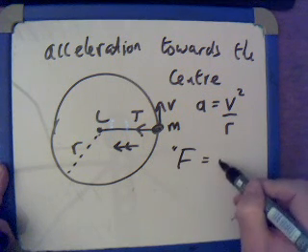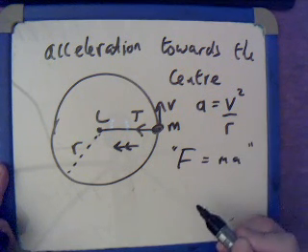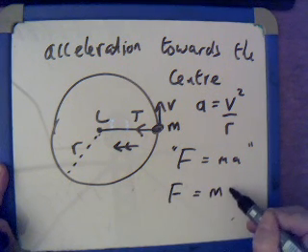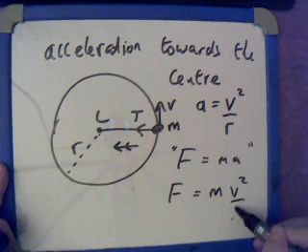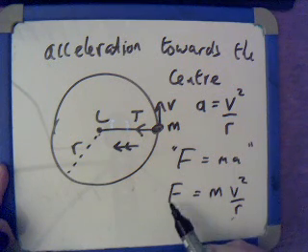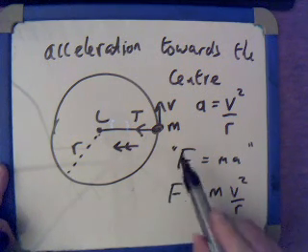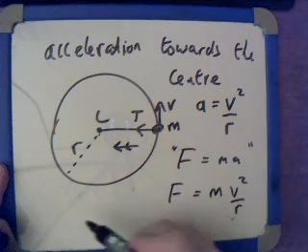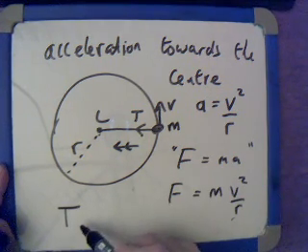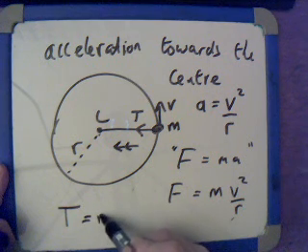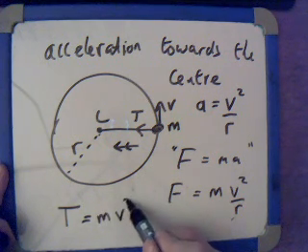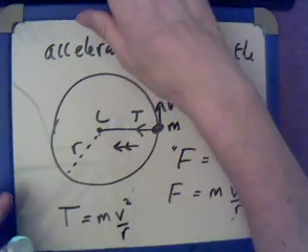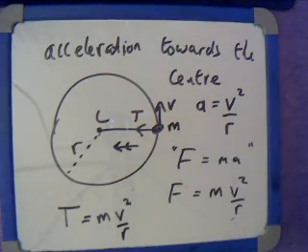We have F equals ma, and we can apply that to circular motion, so we have F equals m times the acceleration v squared over r. That is the resultant force. Now if we apply it to our example, the only force acting on there is the tension. So therefore, in our particular example, we can say that the tension in the string is equal to the mass of the object multiplied by the velocity squared over r. And I think I'll leave it right here.